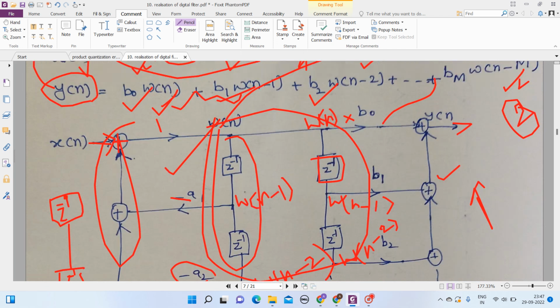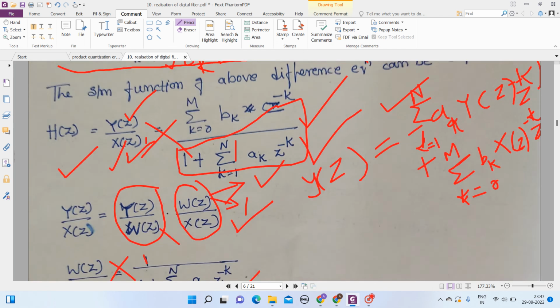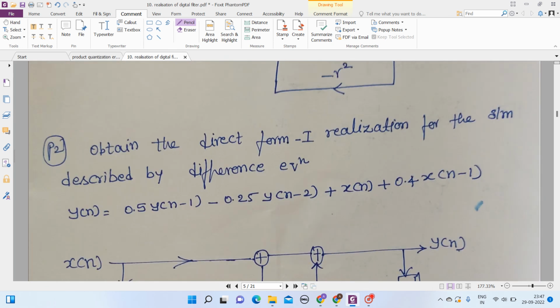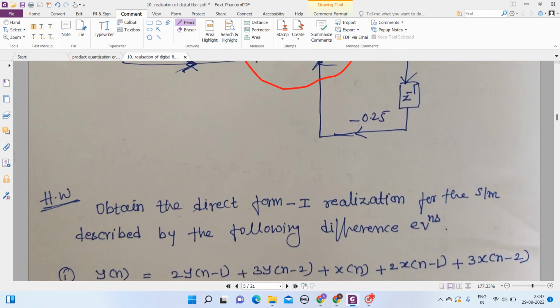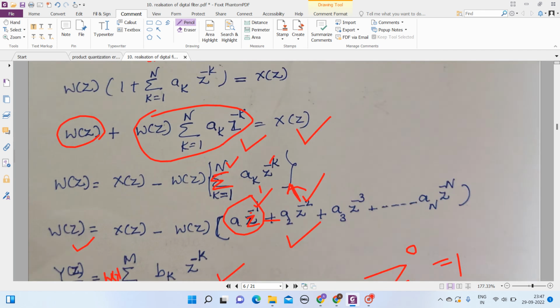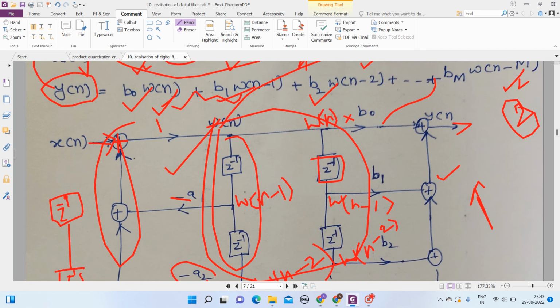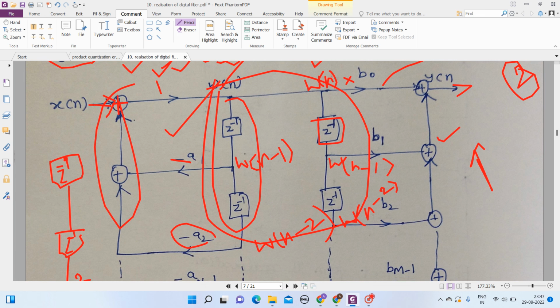But in the direct form 1 structure, adder elements exist at the middle, delay elements exist at the side. In the direct form 2 structure, delay elements exist at the middle, adder elements exist at the side.